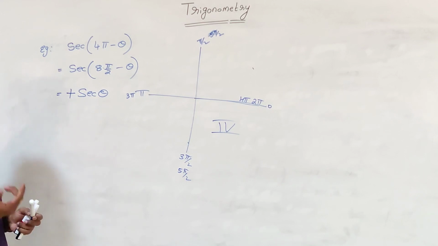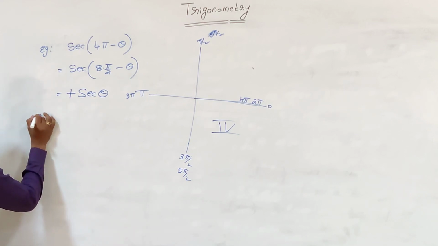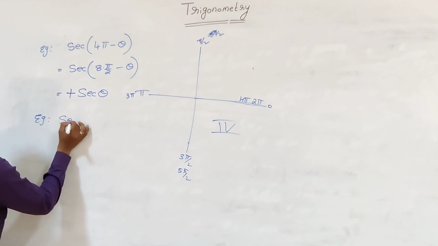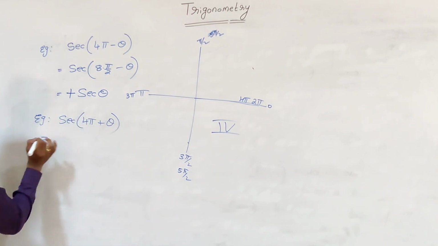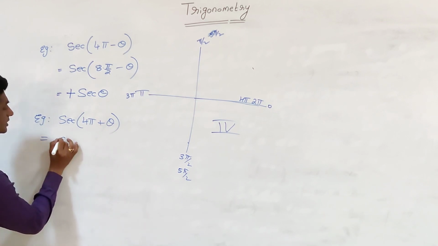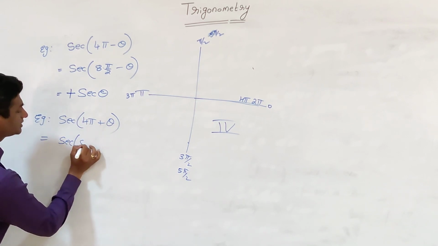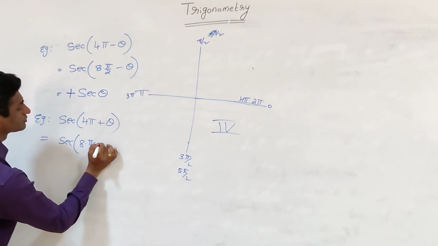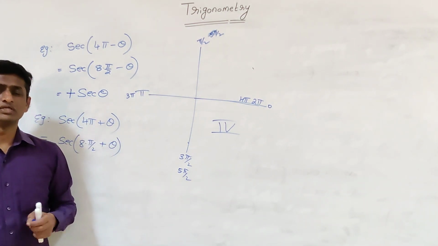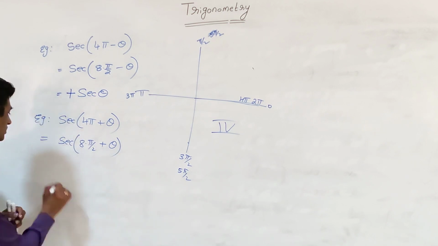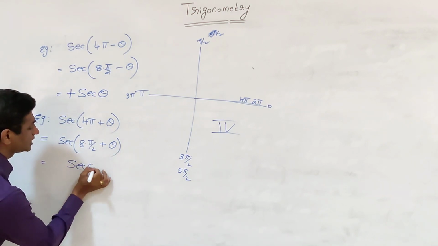Next, if I change the question, what will be secant of 4 pi plus theta? Again, 4 pi means 8 times pi by 2 plus theta. As 8 is an even number, the trigonometric ratio does not change. So it will be plus or minus secant theta.